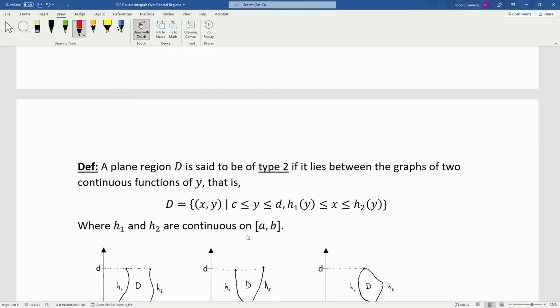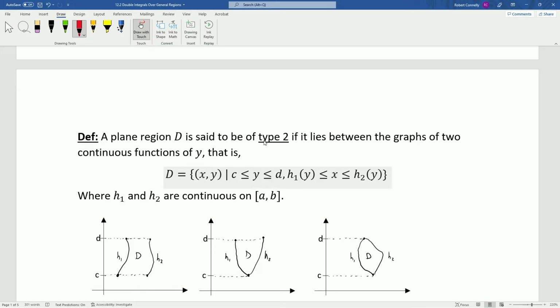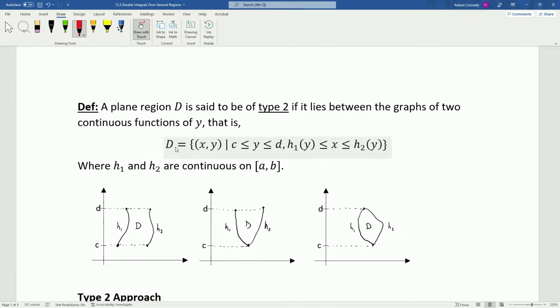Now, definition: a plane region D is said to be of type 2 if it lies between the graphs of two continuous functions of y. So that is, D is the set of points x, y, where y is between two fixed values c and d, but x is between two curves that are functions of y, h1 and h2.